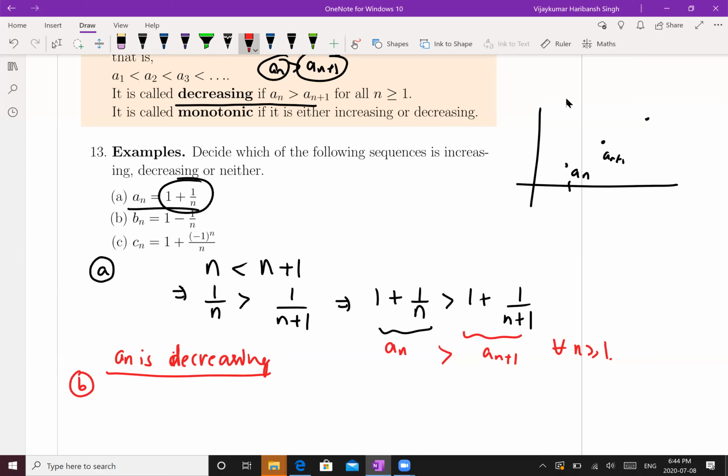That means the next terms are getting smaller and smaller, so it's decreasing. Now let's look at b_n. b_n can be worked out in the same way. Notice that from here we get 1 by n is bigger than 1 upon n plus 1.